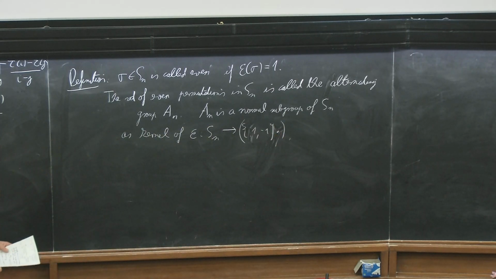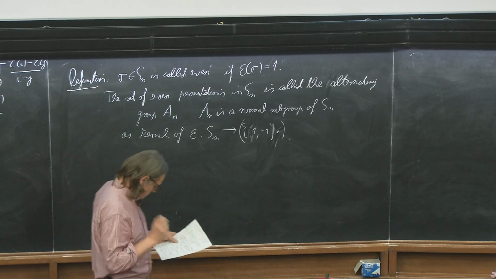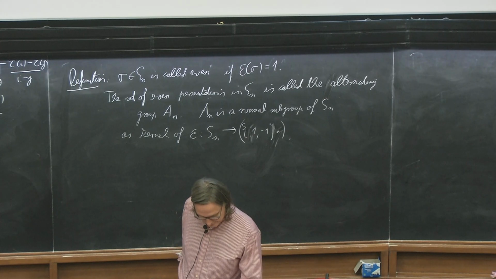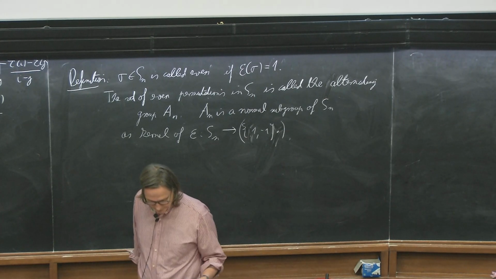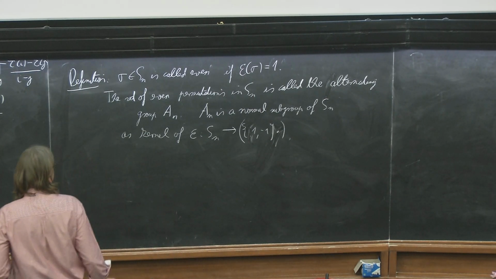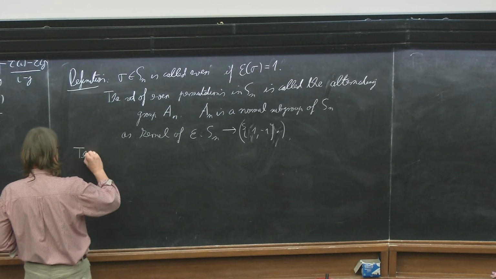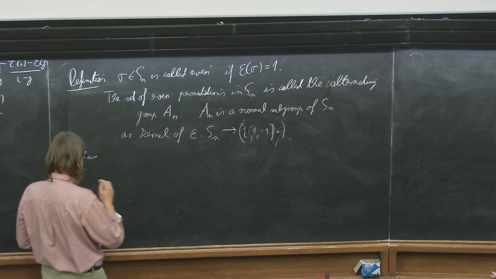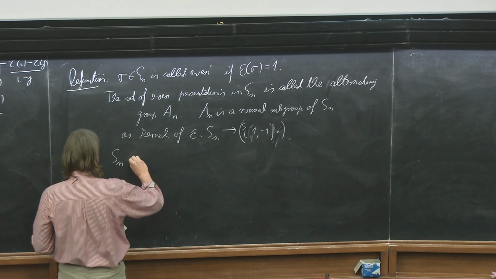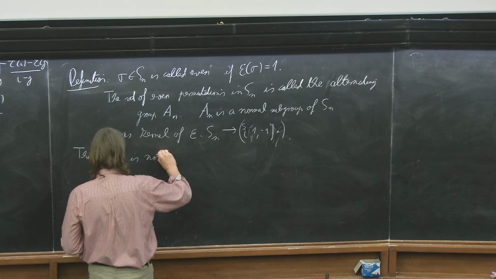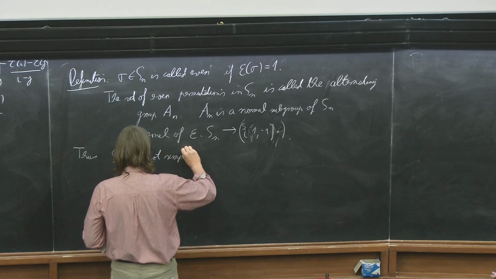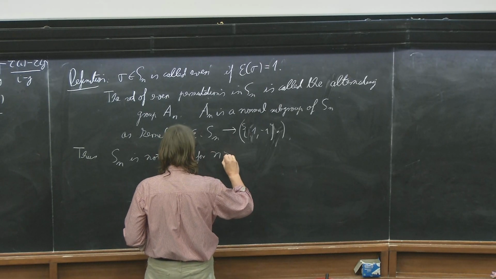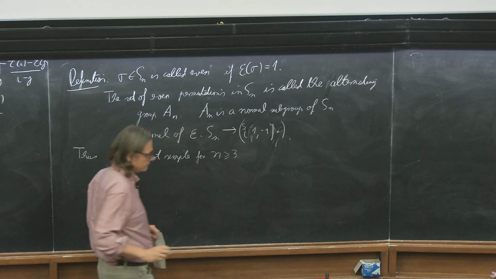So we have that the symmetric group always has this normal subgroup. Thus, Sn is not simple for n bigger or equal to 3.